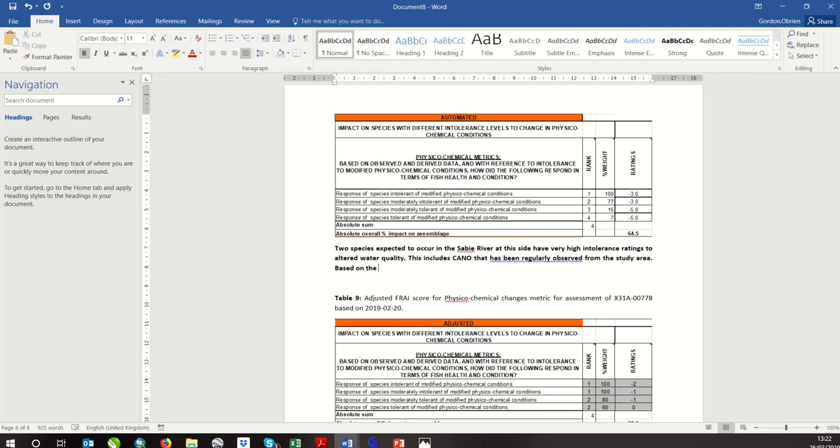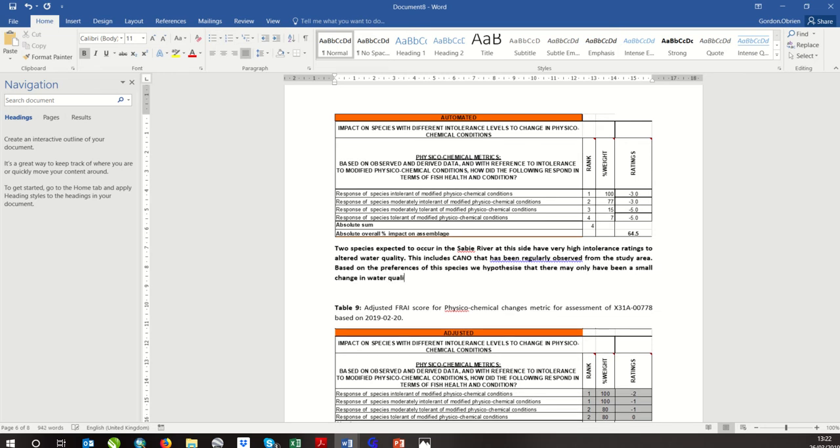Based on the preferences of this species, we hypothesize that there may only have been a small change in water quality conditions.